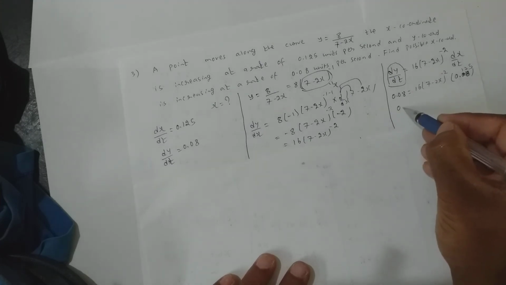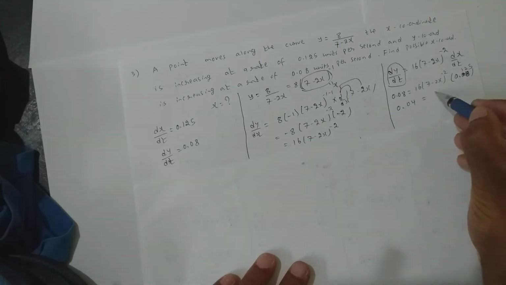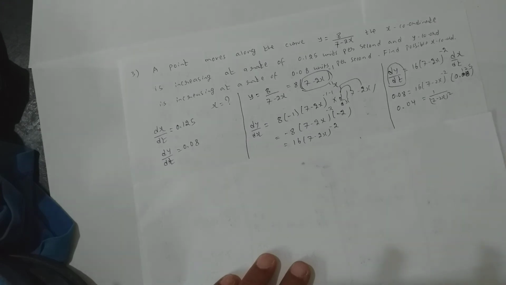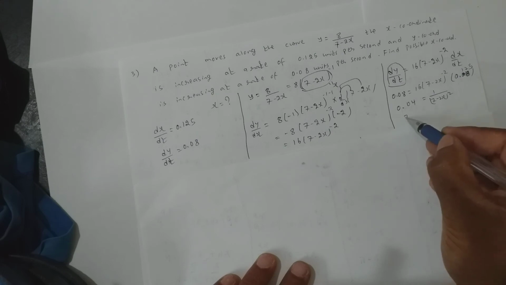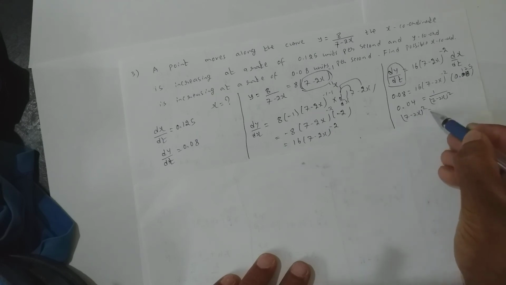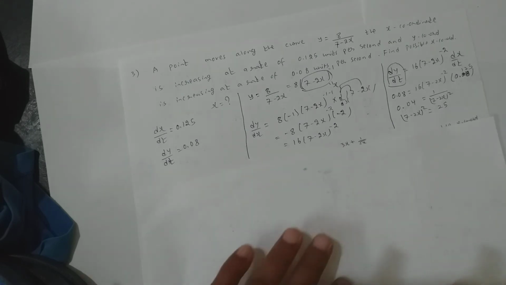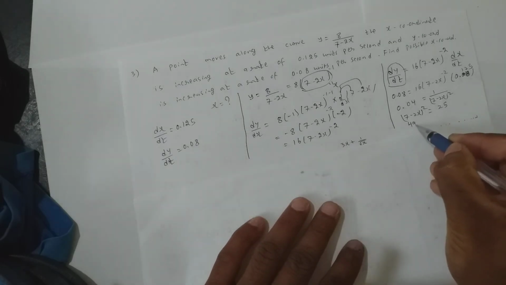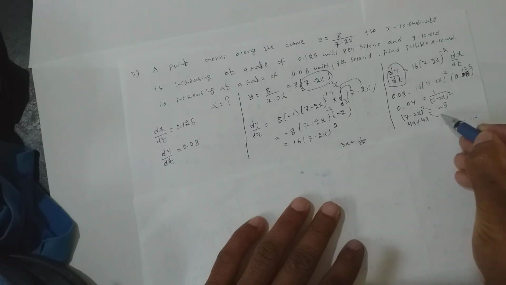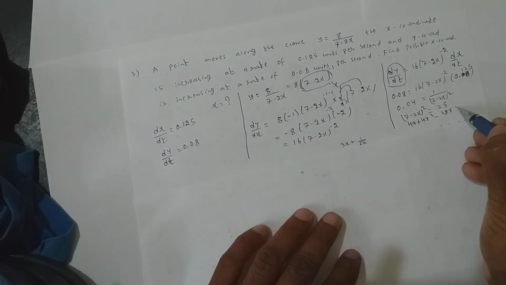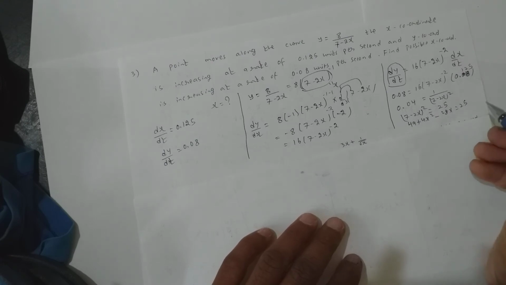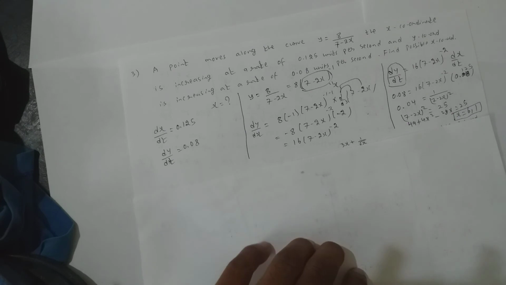So it becomes 0.04 equals, send it down to make the power positive. So from this I get (7 minus 2x) whole square equals 25. So now expand it: 49 plus 4x square minus 28x equals 25. Simplify this, you will get the values of x to be 6 and 1. So these are your possible values of x.